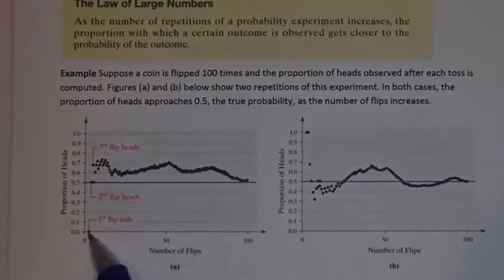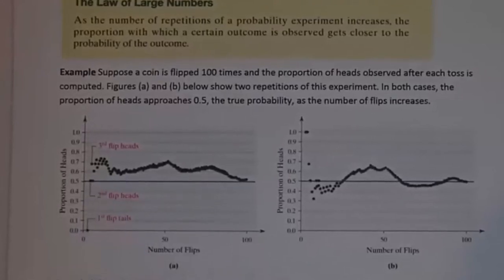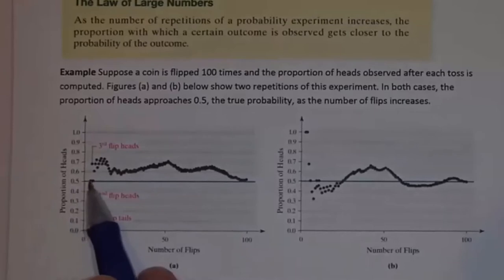When the first coin was flipped, it landed on tails, so there was 0% heads at that time. When I flipped the coin the second time, it landed on heads. So the first one was tails, the second one was heads, that's 1 out of 2, or 50% heads. So we're here at 0.5.